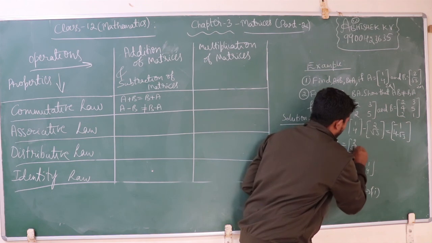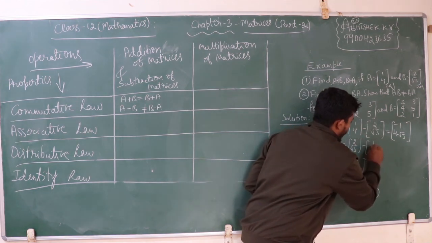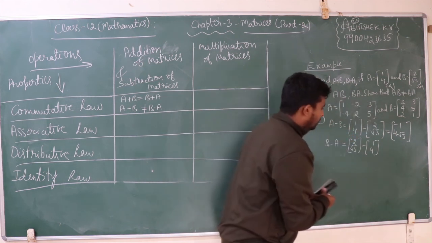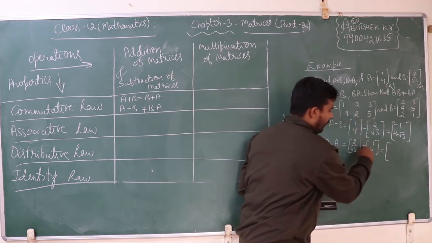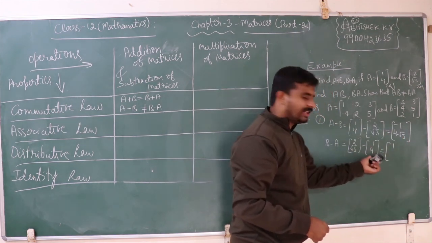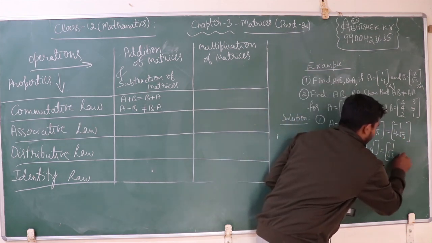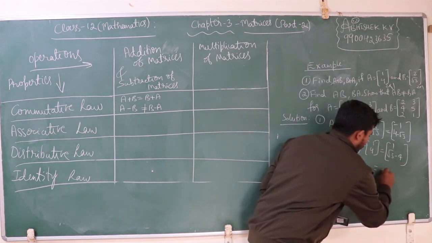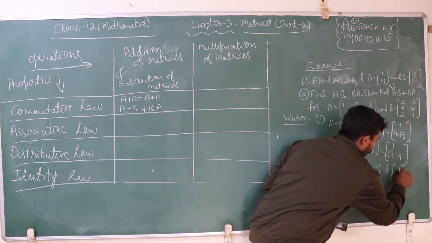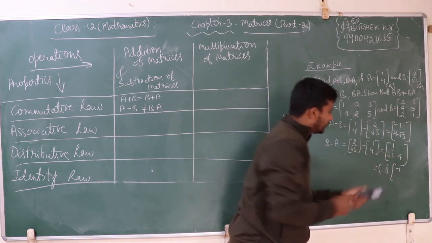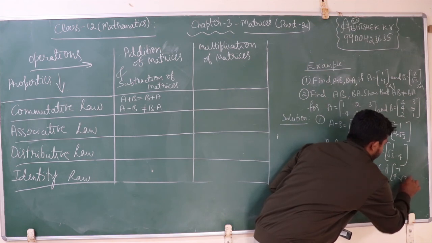B is 2, root 3 minus 1 and 4. What is 2 minus 1? 1. Here we have minus 1. What is root 3 minus 4? It is root 3 minus 4. But in A minus B we have 4 minus root 3. This is equal to minus 1 into 4 minus root 3.